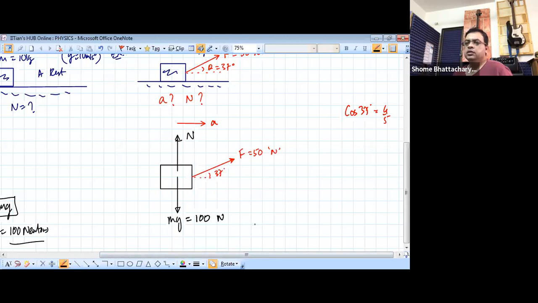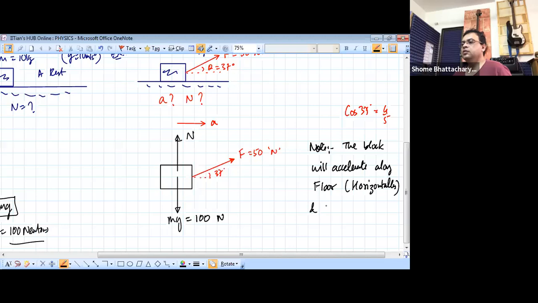Okay, now let me explain. What's going to happen here is that the block will accelerate along the floor, that is horizontally.